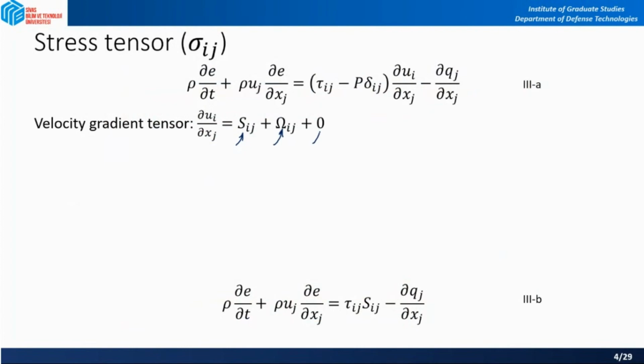And you remember that the isotropic part of the velocity gradient tensor was equal to zero for incompressible flow.